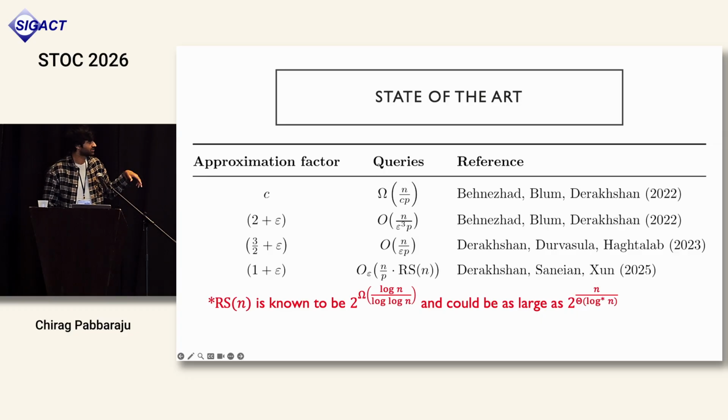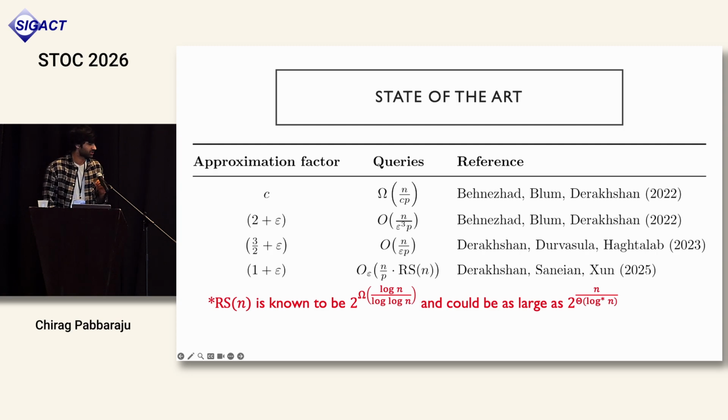And thereafter, there was a different algorithm given just last year by Derakhshan, Saneian, and Xun, which actually got the 1 plus epsilon approximation. But the number of queries that it uses is super linear in the number of vertices. So the number of queries it uses depends on this quantity known as the Ruzsa-Szemerédi number of the graph.